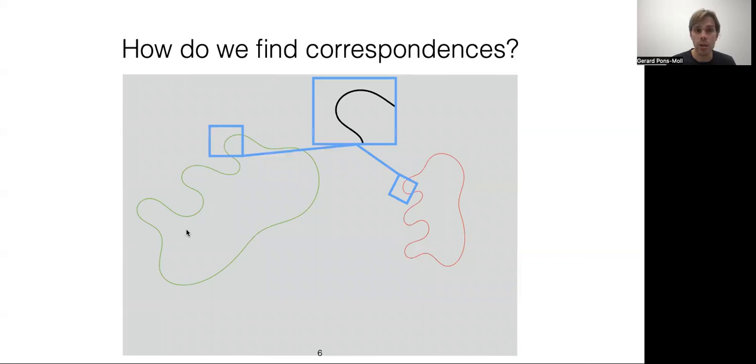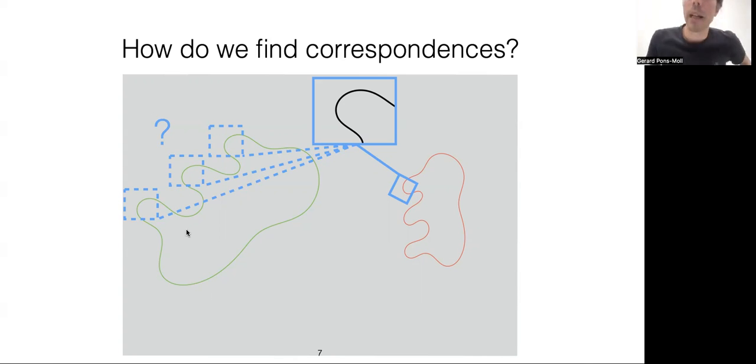But the problem that we will encounter is that you might have multiple matches, and the problem might be very ambiguous. You might have regions where you have basically no distinctive features, and so the alignment will be very difficult.